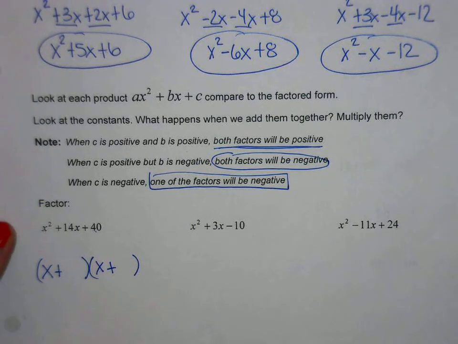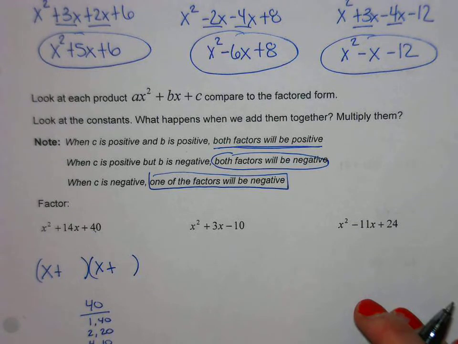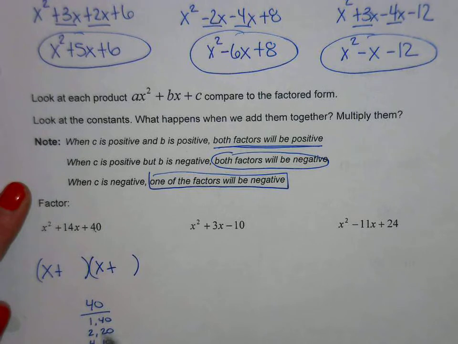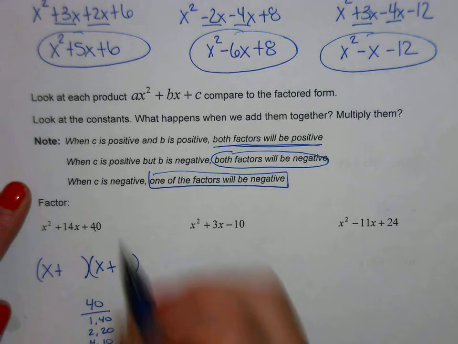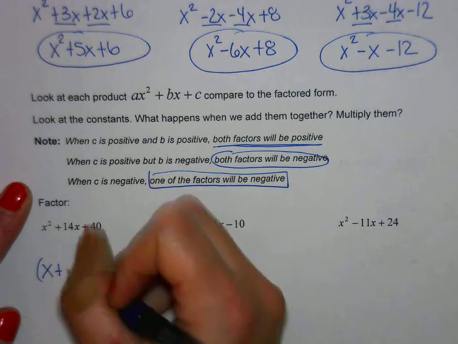I have 1 times 40, 2 times 20, 4 times 10, 5 times 8, and that's it. So we want to know which pair of numbers will multiply to get 40 but also add to be 14, which is 4 and 10. So this is my factoring.